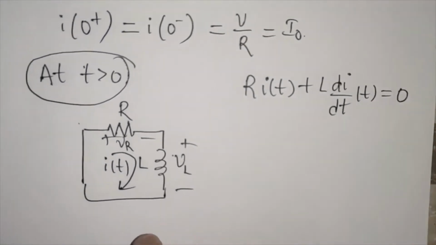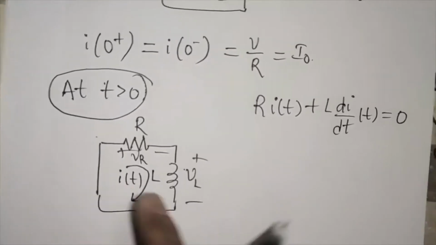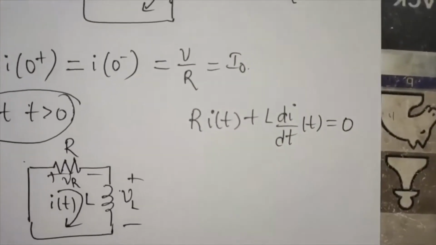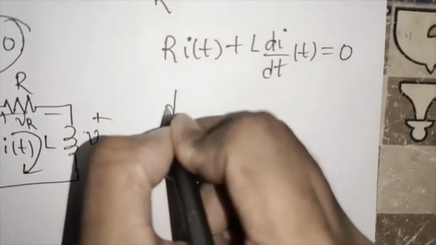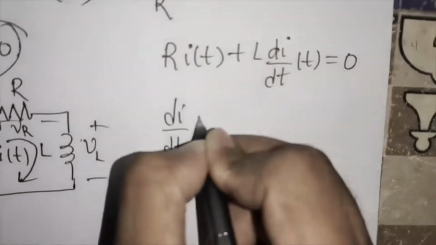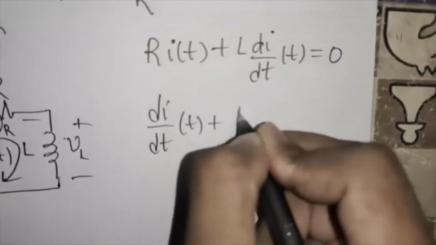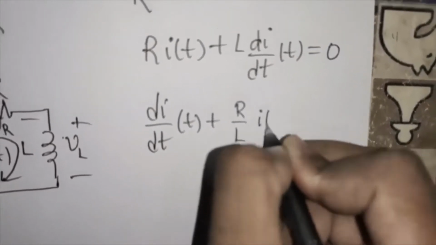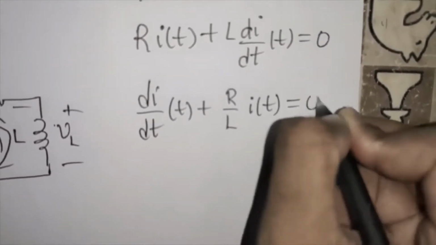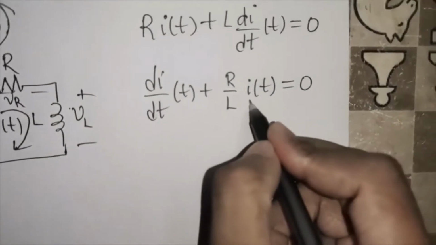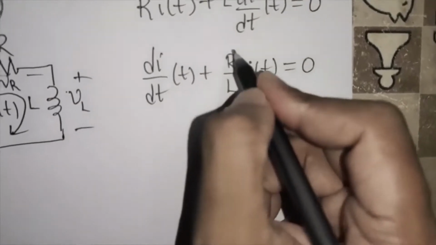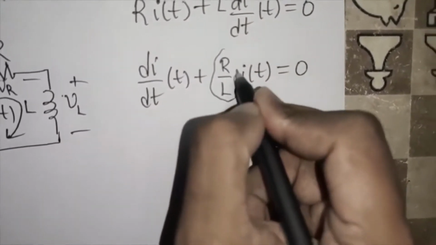That is why this is called source free. Dividing by L throughout, I will get di by dt plus R by L into I of t is equal to 0. Here the coefficient of I of t is R by L.